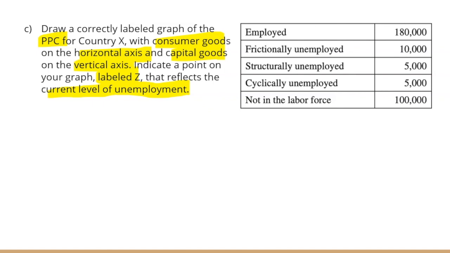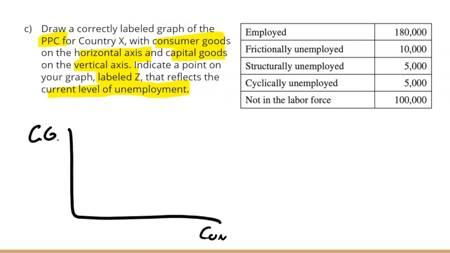So it wants us to draw a PPC. So here we have capital goods. Just make sure you actually spell out capital goods, but for sake of space, I'm not going to. And then here on the x-axis, we have consumer goods, and we know our PPC looks like this. And so we know for a PPC that there are three different scenarios in which we can exist.